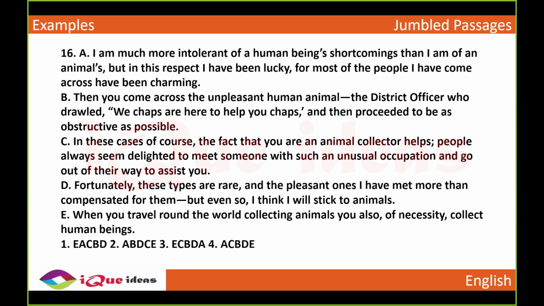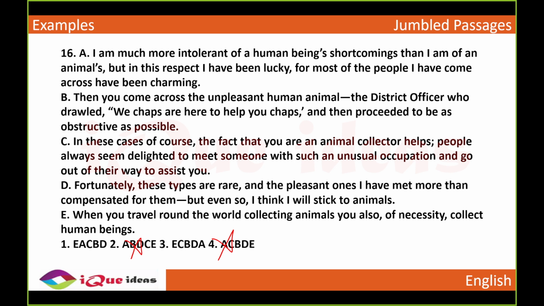But in this respect, I've been lucky for most of the people I've come across have been charming. So E introduces that you also interact with people, and then it says that human beings have shortcomings, this and that. So E makes a much better starter than A. That means options 2 and options 4 automatically get eliminated. So now I know E is the beginning.